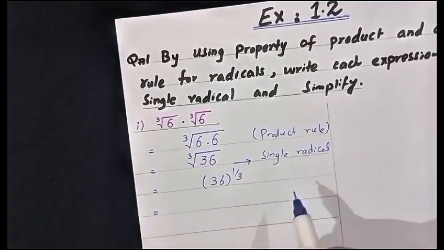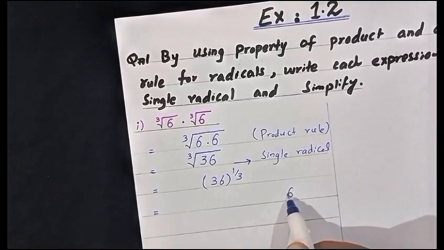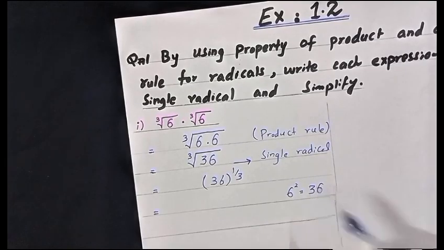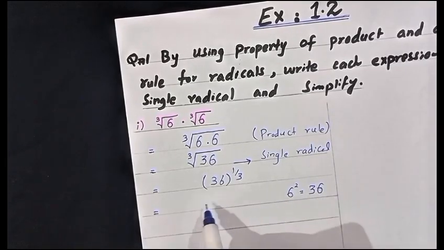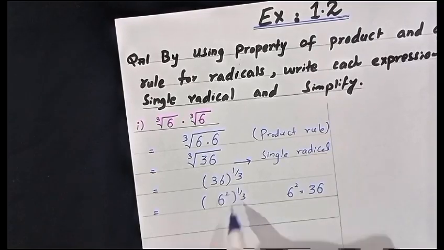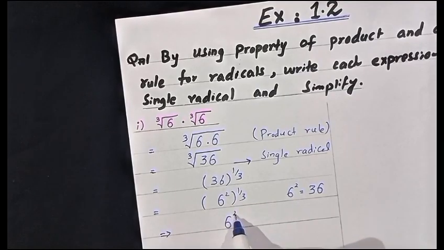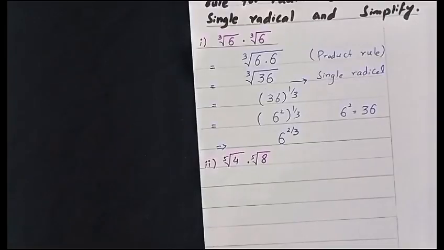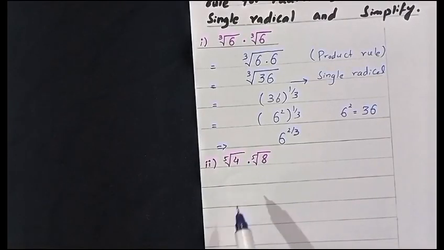Now we factorize 36, as we know that 6 square equals 36. So we replace 36 by 6 square, that is (6 square) whole power 1 by 3, and the final answer is 6 power 2 by 3, which is the simplified form of both the radical expressions.